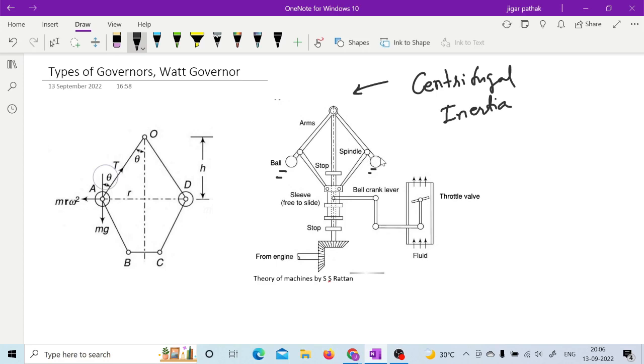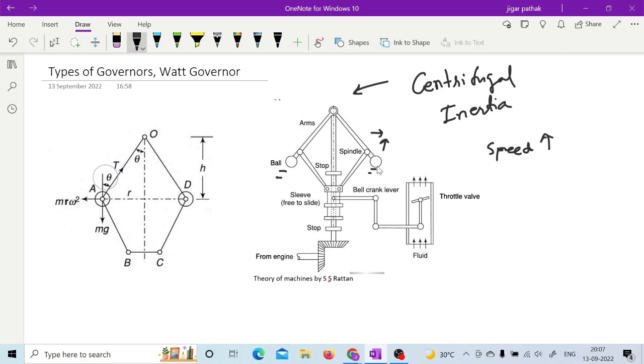So if the speed of the engine is increasing from the equilibrium speed, right, then these fly balls will go out and go up. When the load is going to decrease, at that time speed is going to increase. So when it happens, these fly balls are attached to a sleeve, which is attached to a throttle valve in the fuel supply system through a bell crank lever.